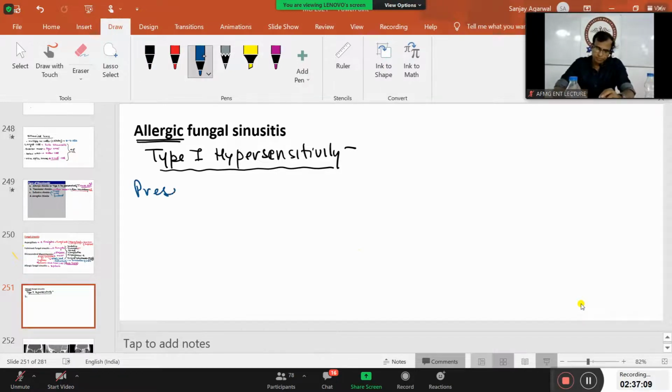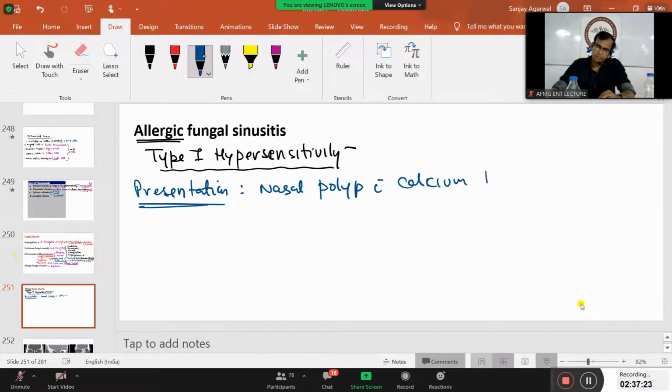Presentation. How does it present? Nasal polyps with calcium deposits. Is nasal polyp with calcium deposits.